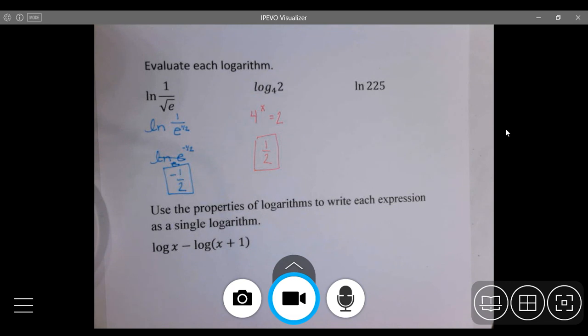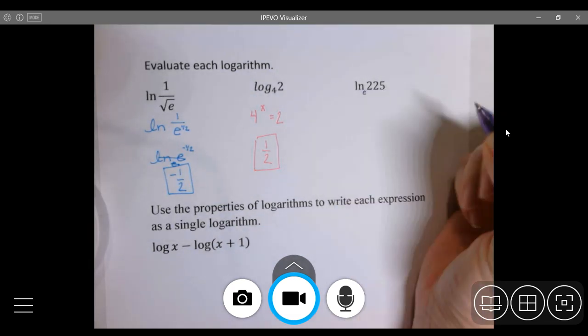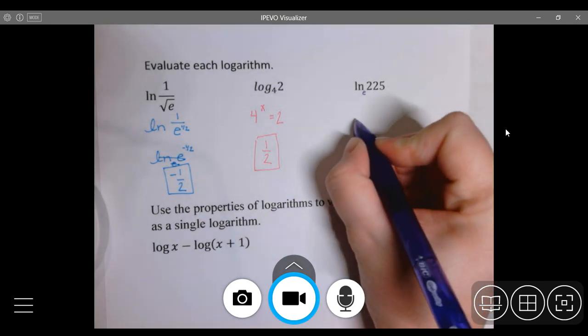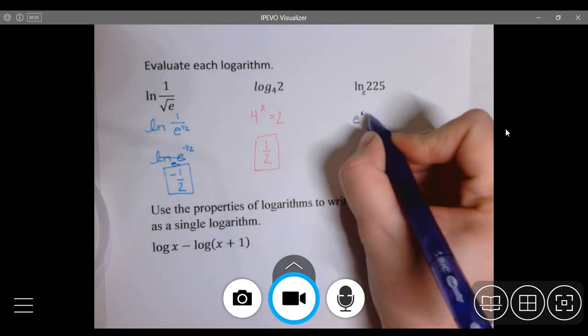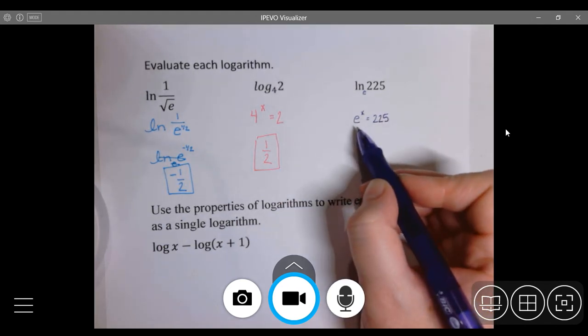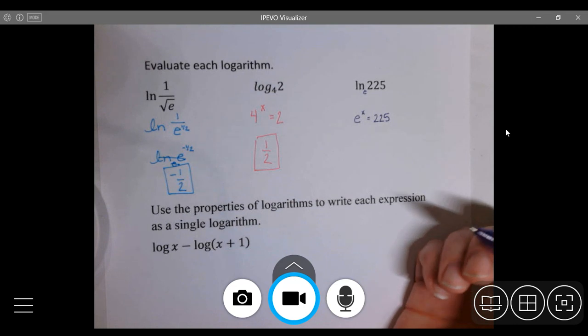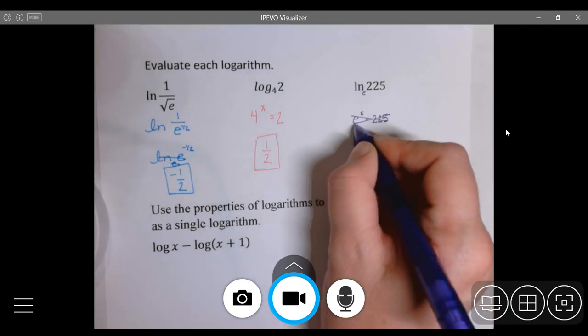And like I said, I'm going to show you why this third one doesn't really work. The base of this is an e. So we're really asking e to what power gives us 225. Well, e is an irrational number, and so that is not something that we can brain our way through. So we would not think of it in this method.